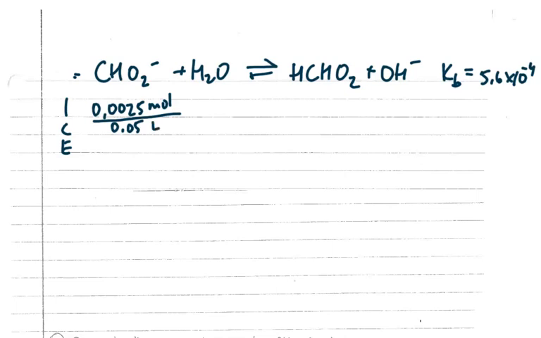This will go down by X, and this one is the one we care about, will go up by X. And so at equilibrium, this concentration, by the way, 0.025, screw it, I'm not going to be able to finish this in time. We will do this problem in the next video.